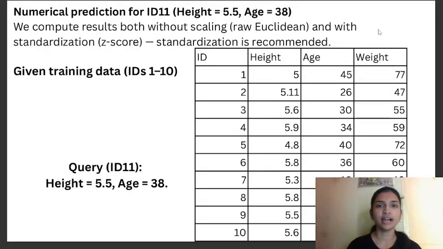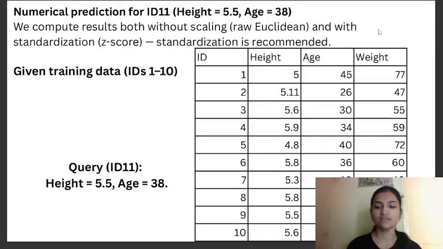Numerical prediction for ID 11. Height is 5.5 and age is 38. We compute results both without scaling, and with standardization. Standardization is recommended. Given the training data here, for ID 11 we find the answer.